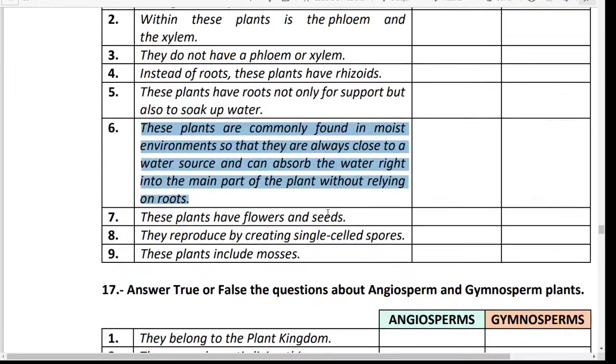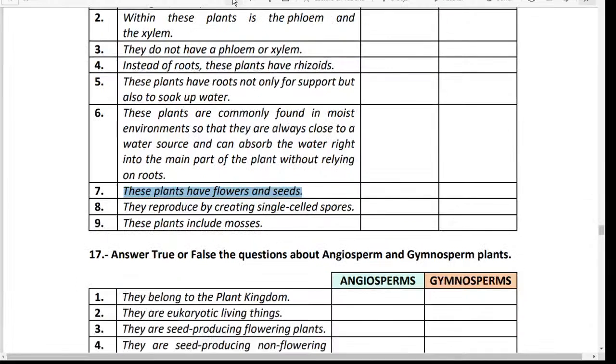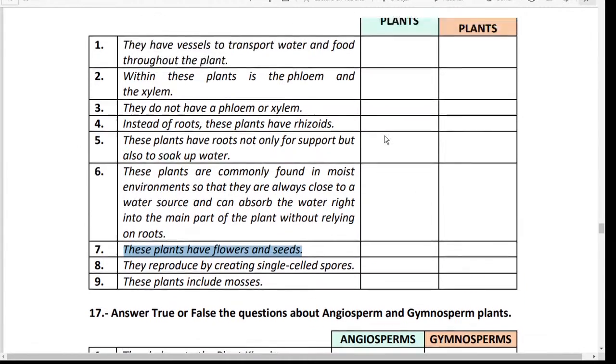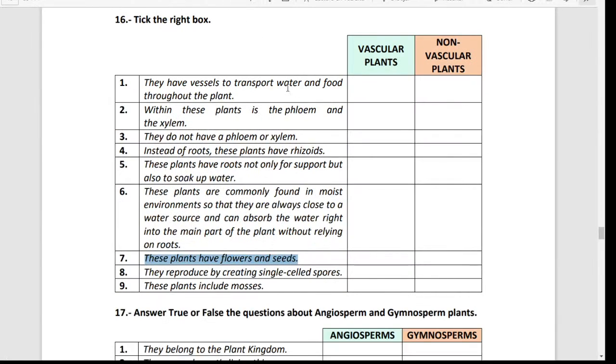Okay. We're finishing this exercise. Number 7: these plants have flowers and seeds. What do you think? Vascular or non-vascular?